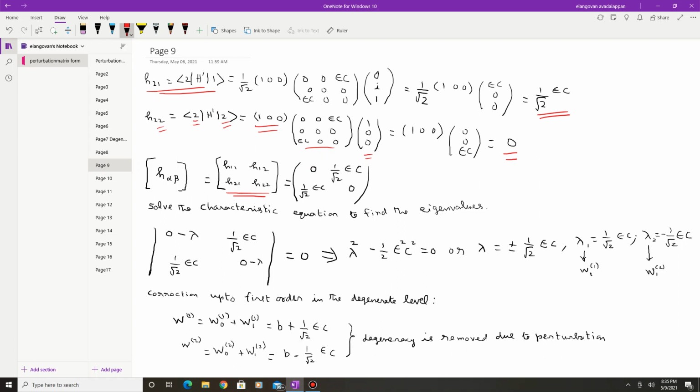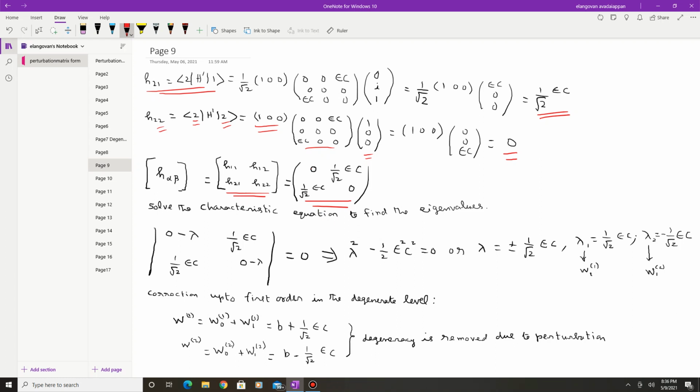So this matrix is calculated like this: 0, 1 by root 2 epsilon c, 1 by root 2 epsilon c, 0. Now let us solve this characteristic equation for the eigenvalues. So take this matrix minus lambda I and form the determinant.